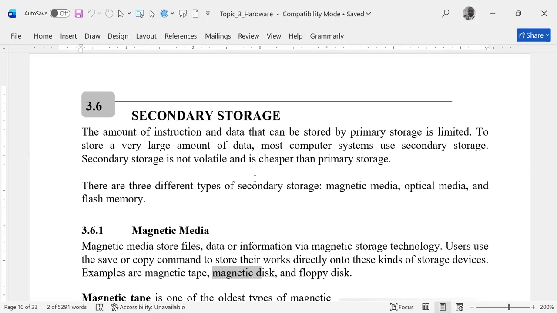Magnetic media let you use the save command to save your work directly onto the device, storing the contents of files, data, and information via magnetism.